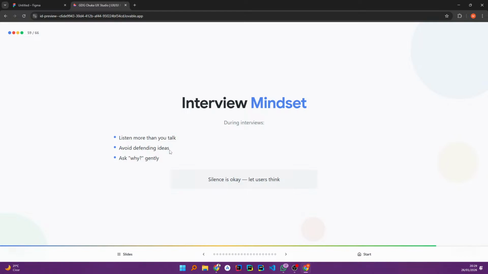One is also required to avoid defending ideas, so that you can get to know possibilities of other ideas from the users who are going to use that product, and ask why questions in a better way. There are some questions that, when you ask why, sound rude. You need to ensure they don't come across as rude.